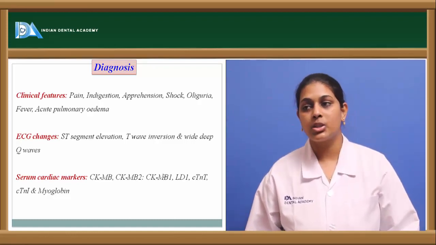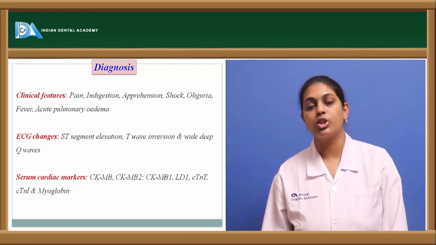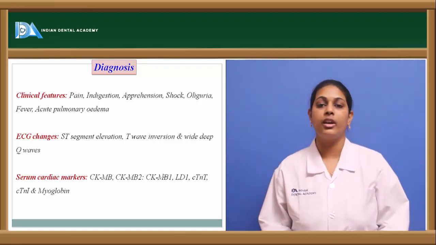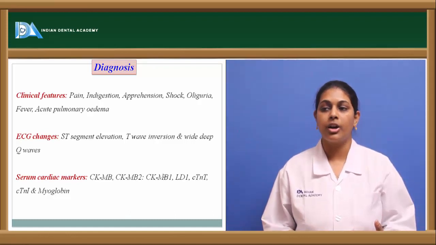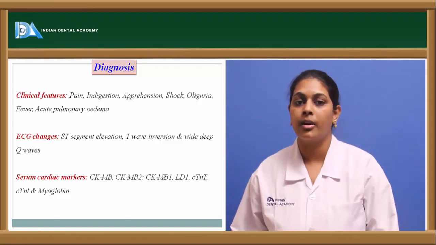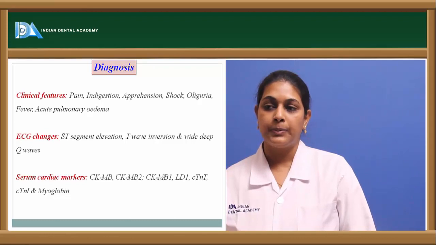In the ECG changes, we see elevation of the ST segment, inversion of the T wave, and a wide, deep Q wave. Coming to the serum cardiac markers, usually there is an increase in the myoglobin level. Myoglobin is a protein associated with cardiac muscle.